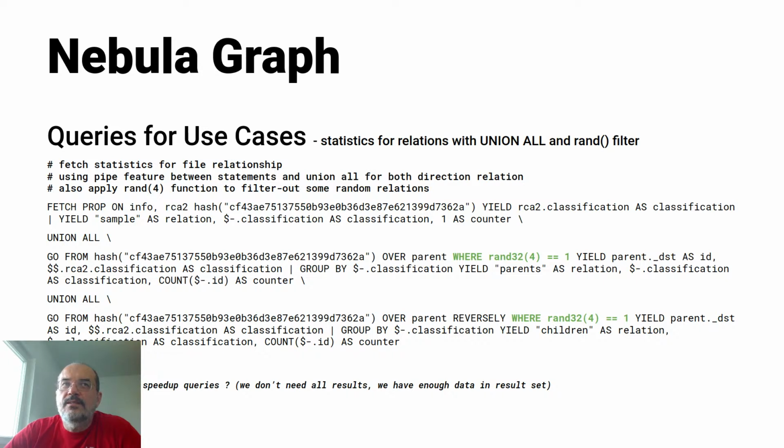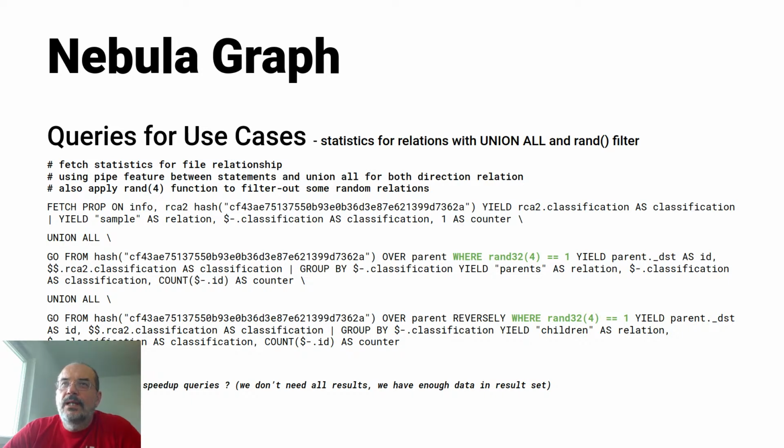We need just statistics for some part of those relations, but how to achieve that? There is no way to stop at some point to filter something, so we can do some tricks, and that trick can be a random number generator, which will be dynamically executed during the query, and this is the case.